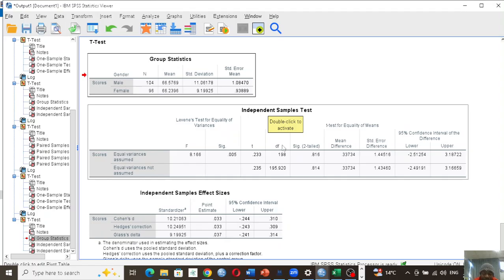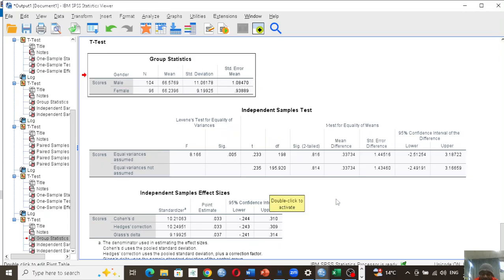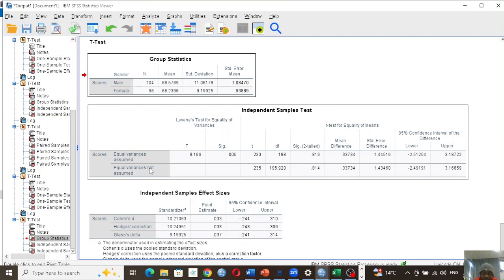So now for this one, we compare if the significance here is less than 0.05. That means we use equal variances not assumed. Otherwise, we use equal variances assumed.